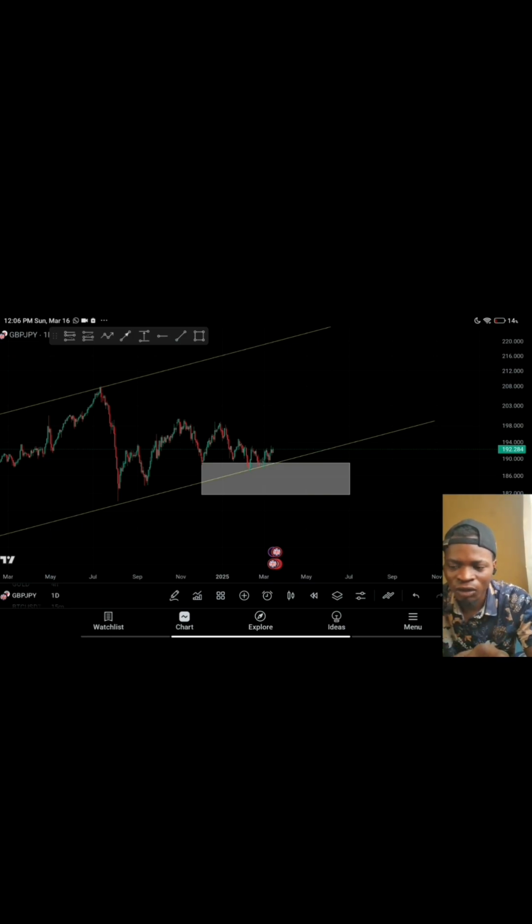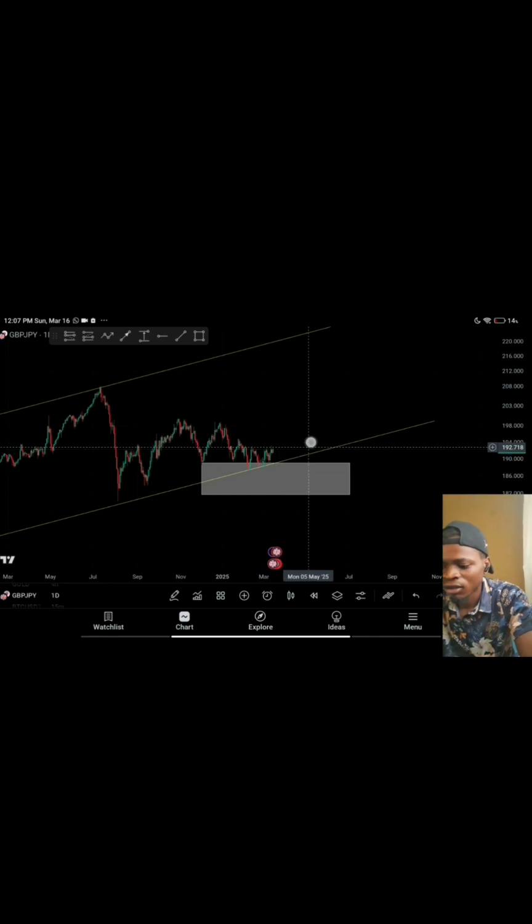That smallest trend will give you your entry, because you cannot have an entry on the higher time frame. Look at these candles, they are massive. You can't be putting your stop loss maybe a 1,000 pip stop. So you need to break it down to the smaller time frame.